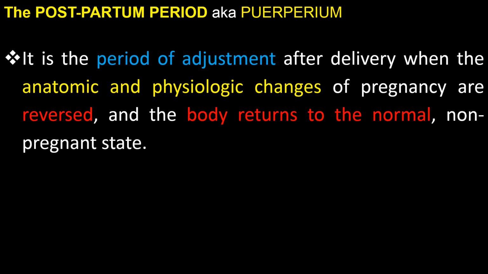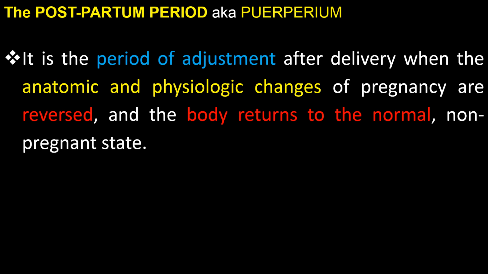It is in this period of adjustment after delivery when the anatomic and physiologic changes of pregnancy are reversed, meaning yung mga dating size and appearance ng mga body organs ng nanay ay magsisimula ng bumalik sa kanilang pre-pregnant state.